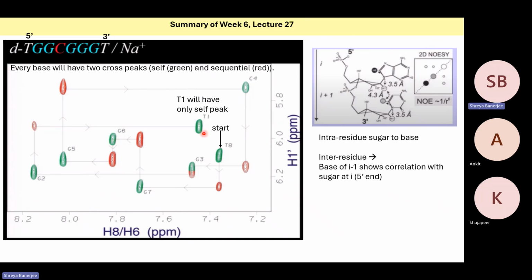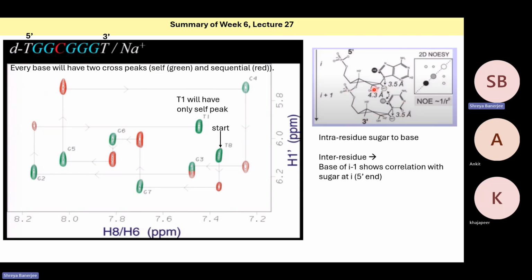So now we take a closer look at the NOESY. We already know that from the NOESY, we can find out sequential connectivities and we can predict the sequence. So each nitrogenous base will have two cross peaks. We have seen this here also. Each nitrogenous base has two cross peaks, one with the sugar of the same residue.